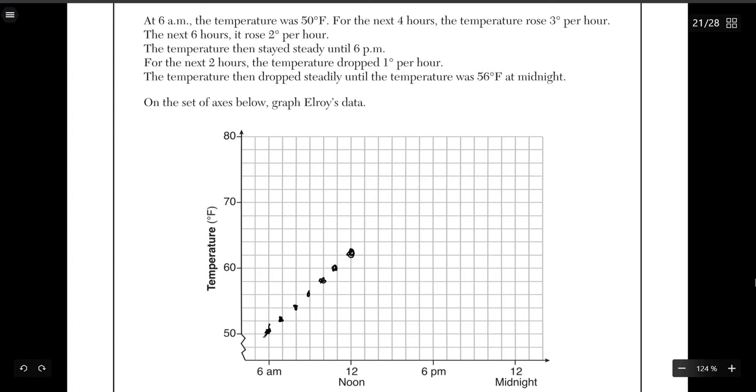Okay, so far not too bad. Then it stayed steady until 6 p.m. Well, first let's just draw a line connecting that. It stayed steady until 6 p.m. So straight line until 6 p.m. Then for the next 2 hours, it dropped steadily 1 degree per hour. So 1 hour, 2 hours.